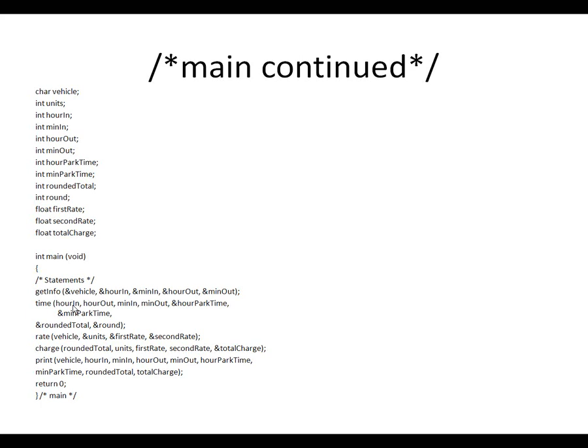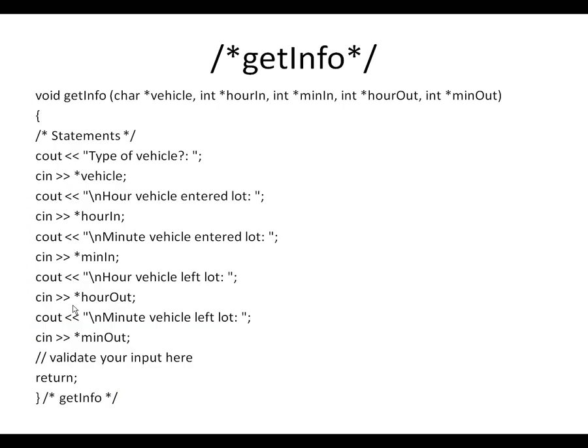Get info has 5 variables. Notice the ampersand in front of these variables. That means I am using the pass by reference method of working with these variables. The next one is time, the next one is rate, the next one is charge, and the next one is the print function that I'm invoking. And finally, I return 0, the last statement of main.